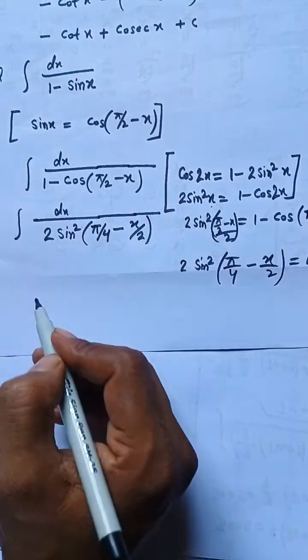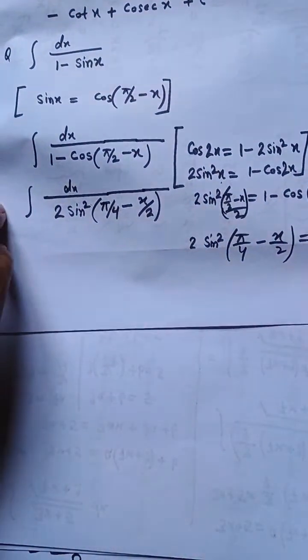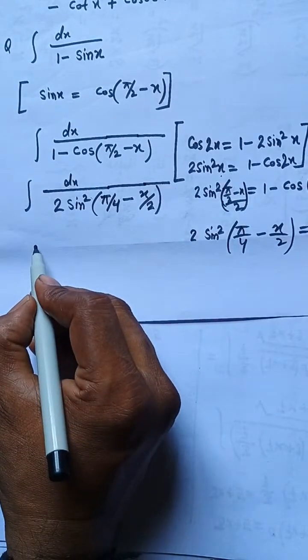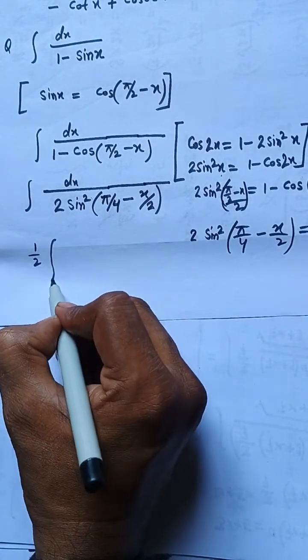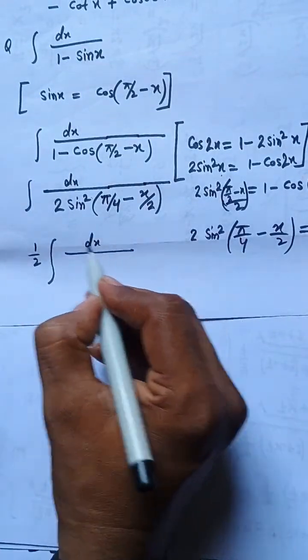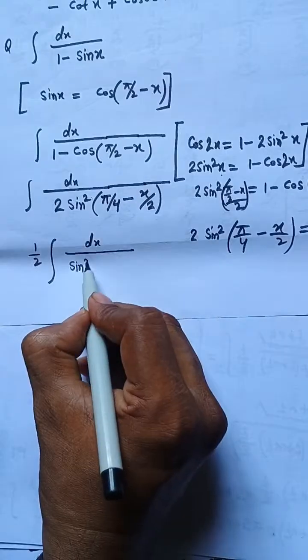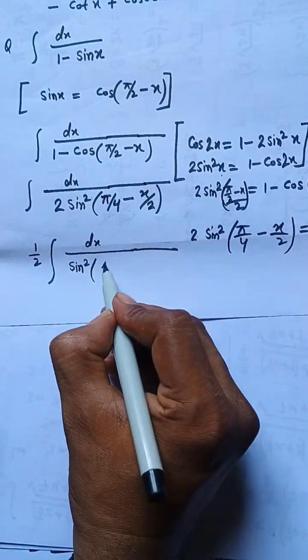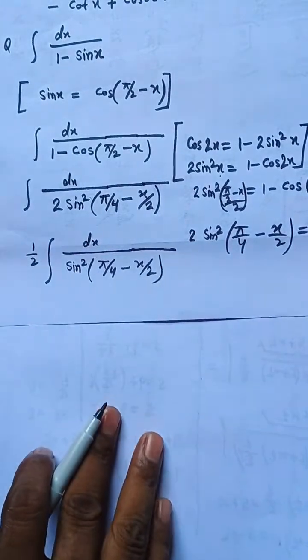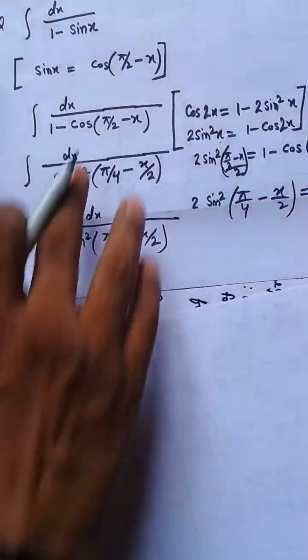Okay, so here we have integration 1 upon 2, then integration dx upon sine square pi by 4 minus x by 2. Okay, that is going to be solved further here.